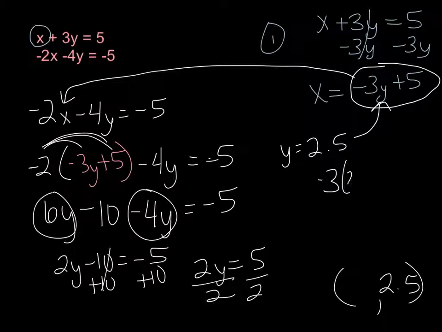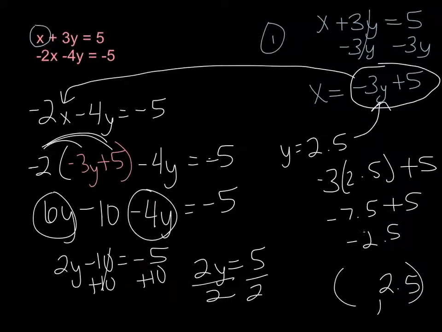So negative 3 times 2.5 plus 5 is negative 7.5 plus 5, which is negative 2.5. So the solution for x is negative 2.5. So our solution is negative 2.5, 2.5.